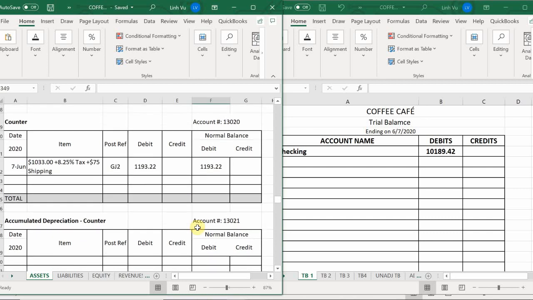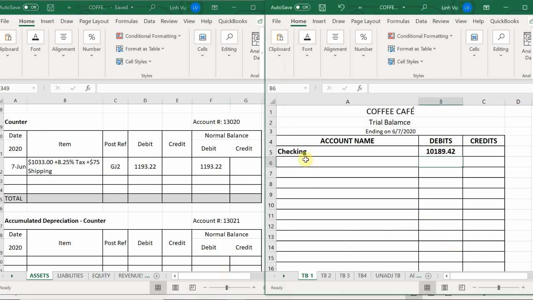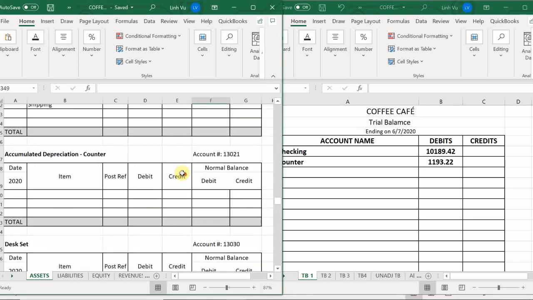Here's the next account that I actually have an account balance for, and that is my counter. I did buy a counter. How much was that counter? 1,193.22. On the debit side, because it's a fixed asset, right?